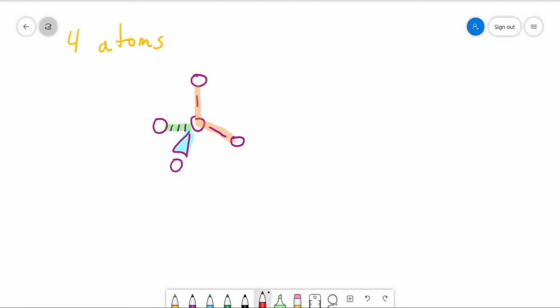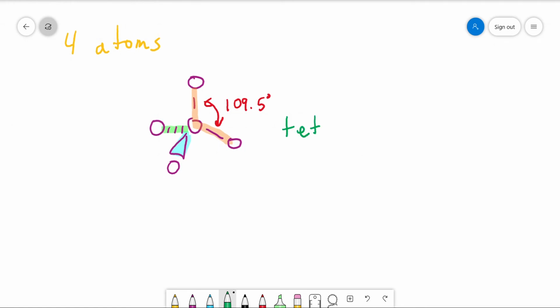And what do we have for our bond angle here? We have 109.5 degrees. And hopefully you remember the name of this. This is tetrahedral.